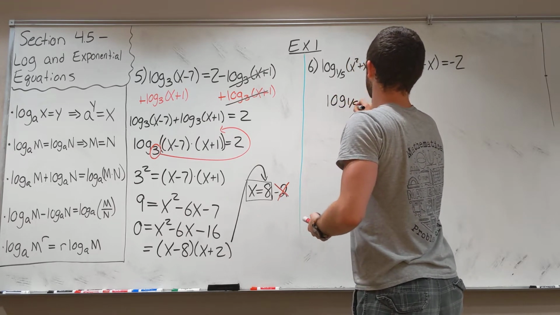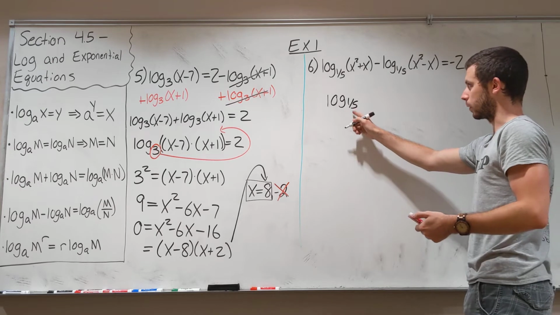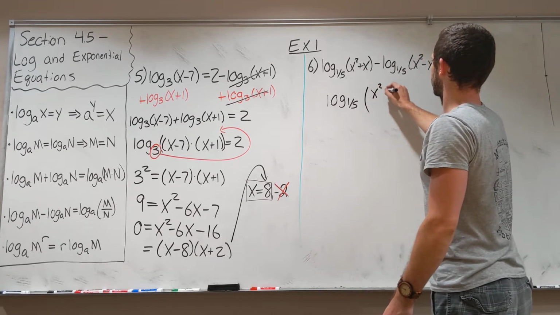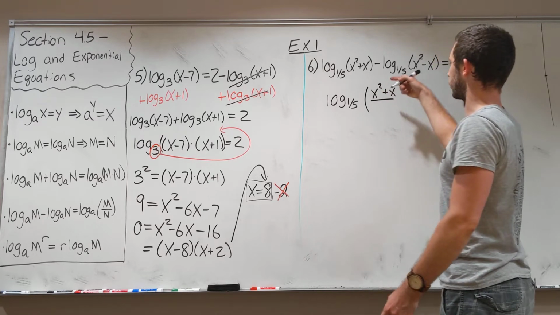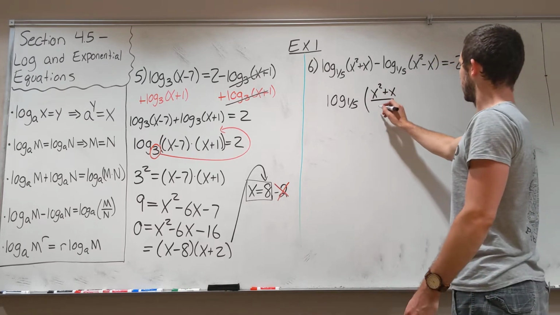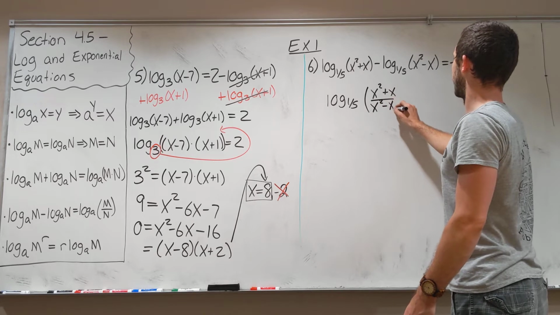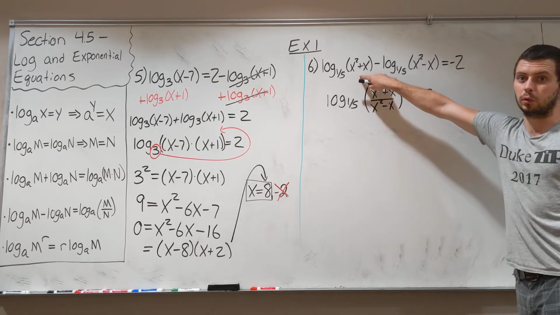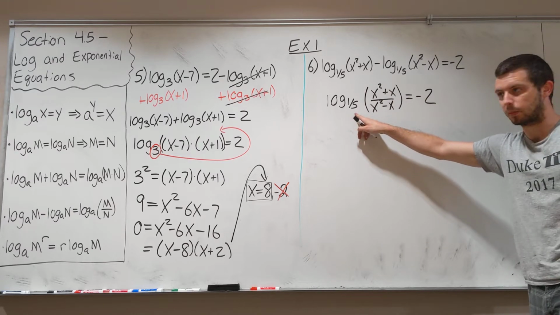So now we have a singular log with a base of 1 over 5. And the quotient rule tells us what goes in the numerator and what goes in the denominator of the quotient. So all we did was combine these two logs as one log with the same base.